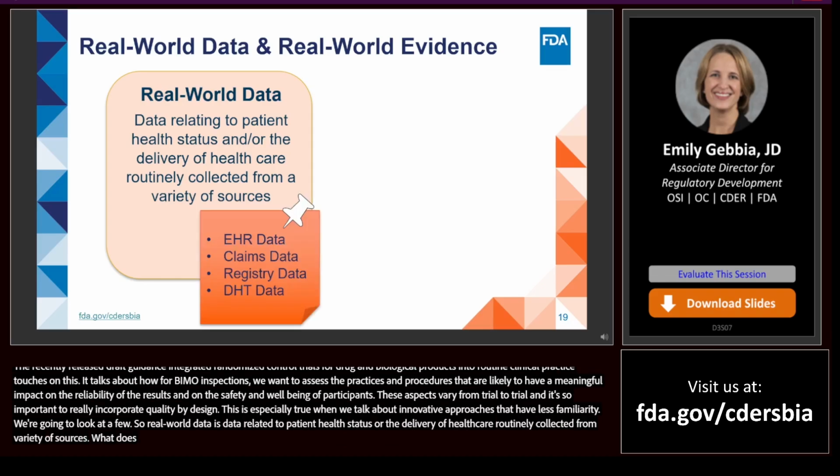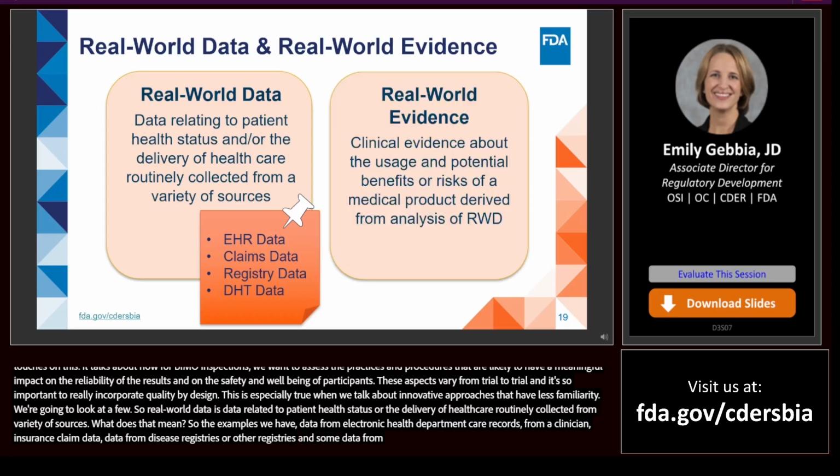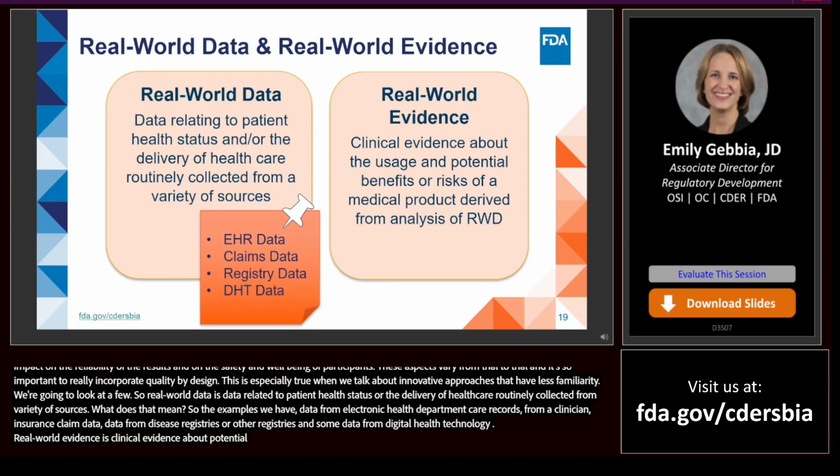Examples are data from electronic health records, from a clinician, insurance claims data, data from disease registries or other kinds of registries, and some data from digital health technologies. Real-world evidence is clinical evidence about the use and potential benefits or risks of a medical product that is derived from an analysis of real-world data.